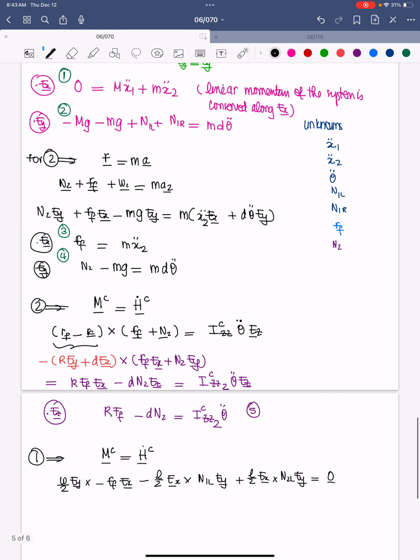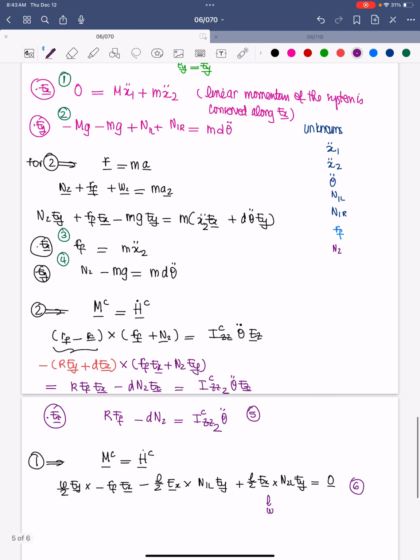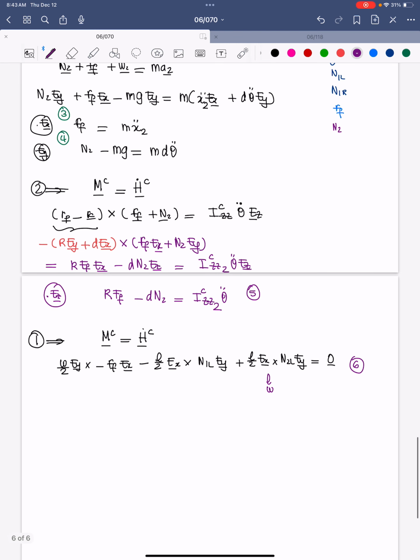So that's technically our sixth equation, but we do not know these distances L and W. So I'm thinking we will not end up needing this. Well, what other equation do we have? We have the roll without slip condition.